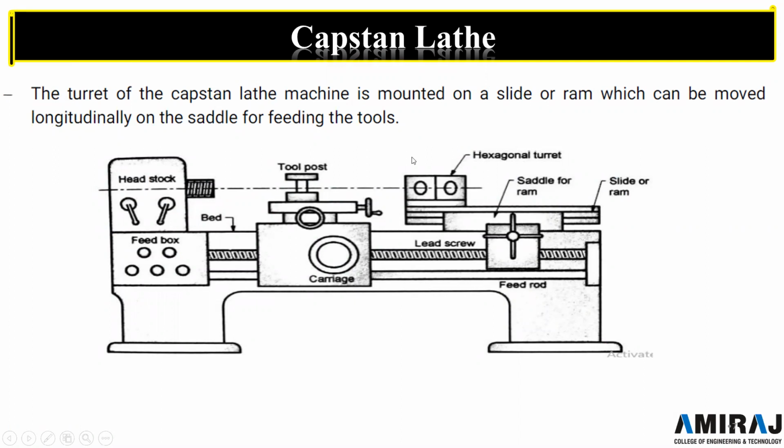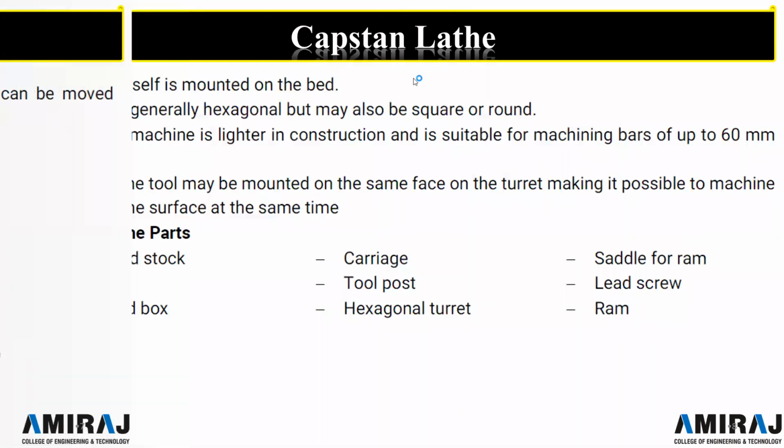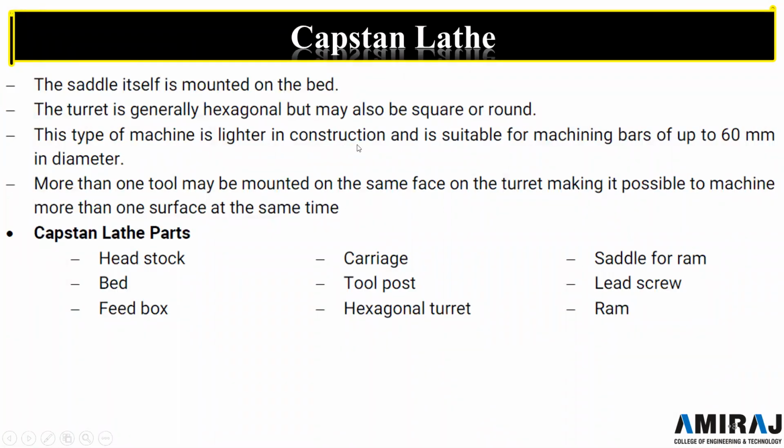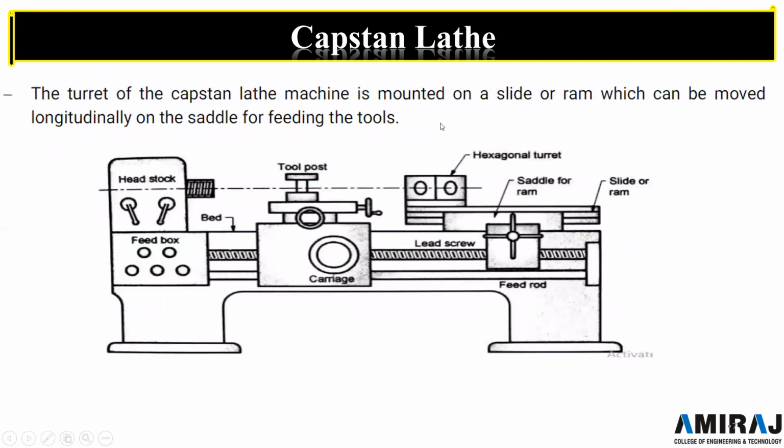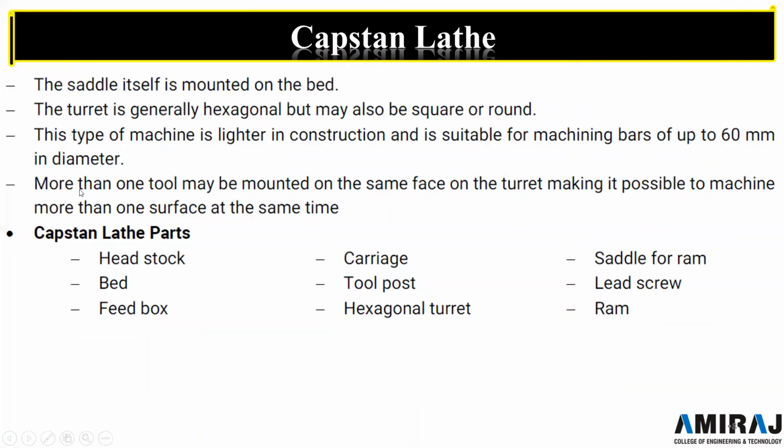This type of machine is lighter in construction and is suitable for machining bars of up to 60 mm in diameter. The diameter is limited to 60 mm.